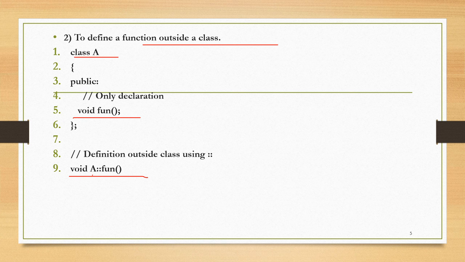Void, name of the class A, then the scope resolution operator, and then the name of the function fun, and then brackets, and you can mention the body of the function over here. So this is one of the uses of the scope resolution operator.